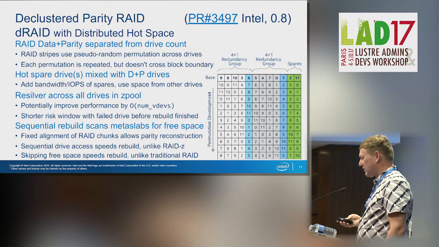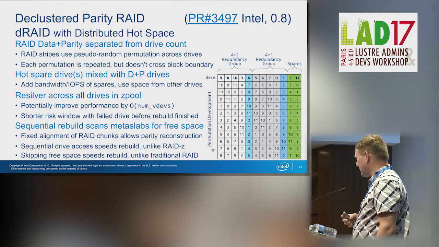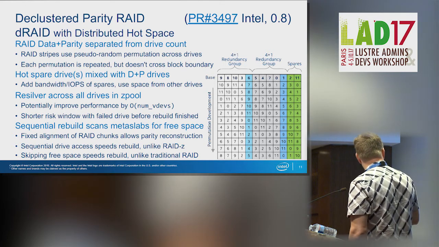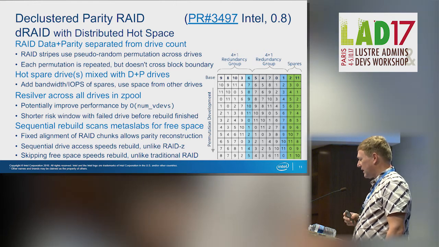Another big feature that was worked on for Coral is declustered parity RAID. One of the big issues with any RAID system is the rebuild speed. Declustered parity RAID allows you to use the performance of all of the disks in your system to do RAID rebuilding.